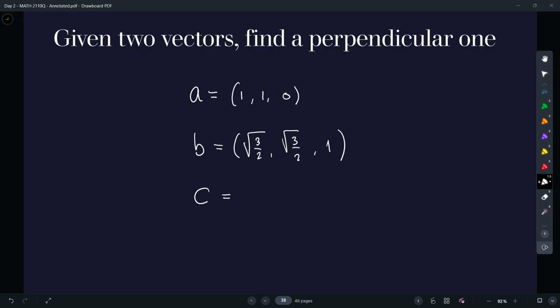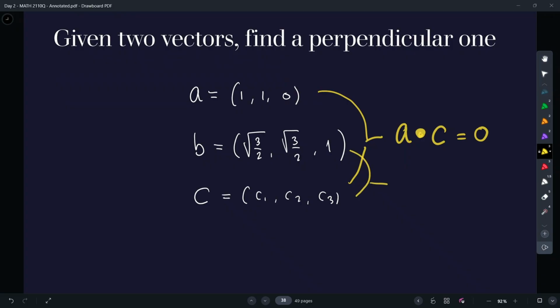So my vector C is going to have some components. If it is perpendicular to A and B, in particular it is perpendicular to A, so it has to satisfy that A dot C is 0, where this is the dot product. And it has to satisfy that B dot C is 0.